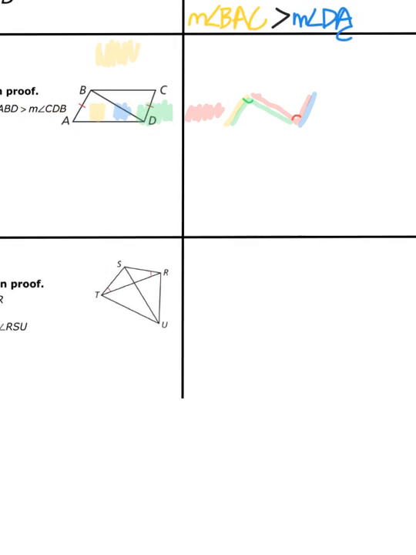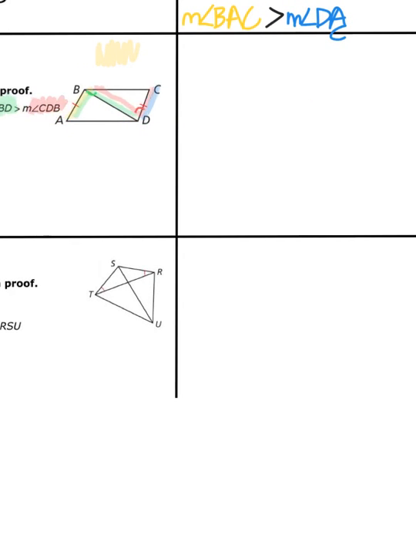I'm going to move my drawing over, move my highlights with it. I don't know why it does that. And I'm going to start setting up a proof. Remember your proofs, they can't be that long ago. I'm going to put my statements and my reasons over here.